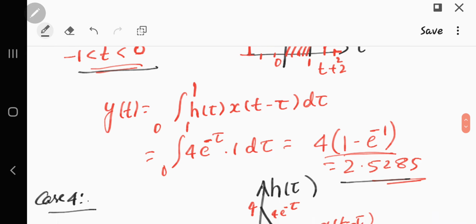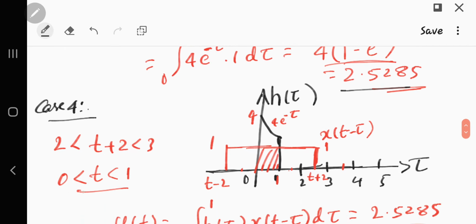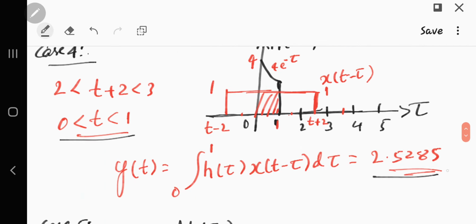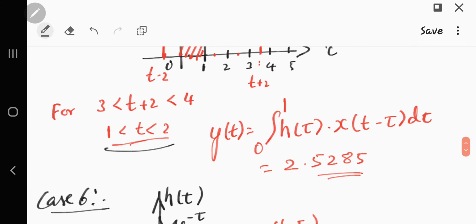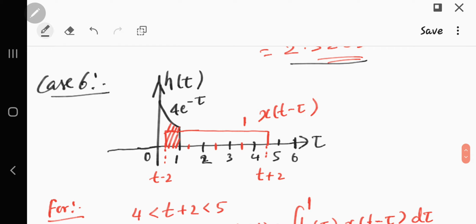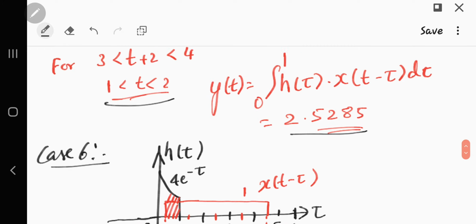I think this repeated for several times. For t between 0 and 1 also it is 2.5285, and between 1 and 2 it is 2.5285, and till case 6 we got the same answer.